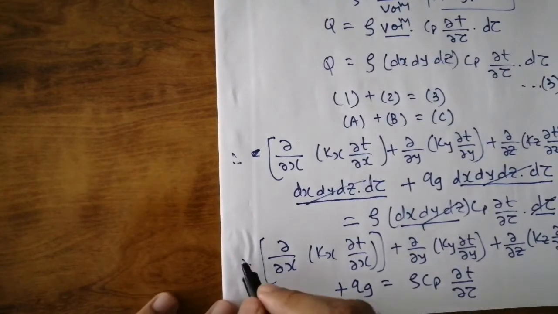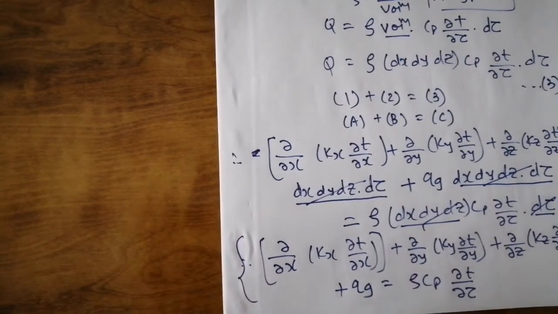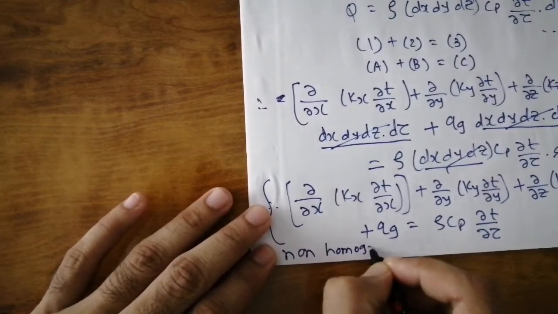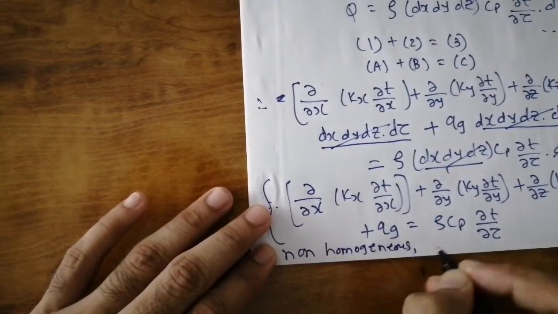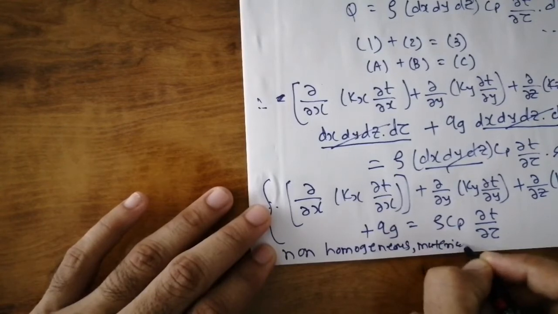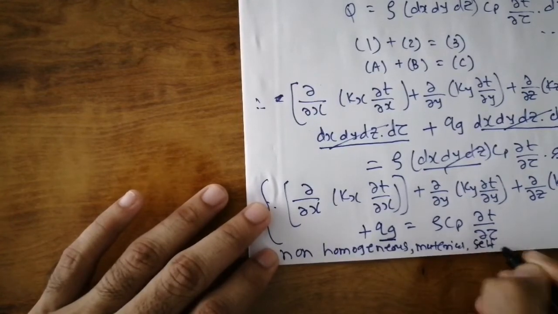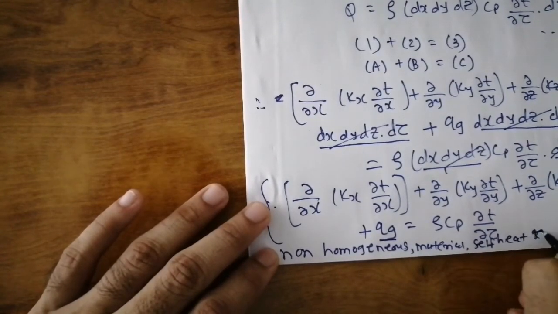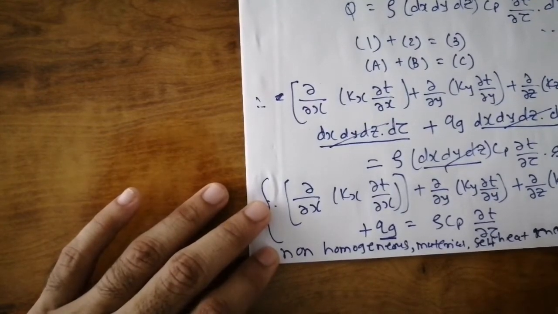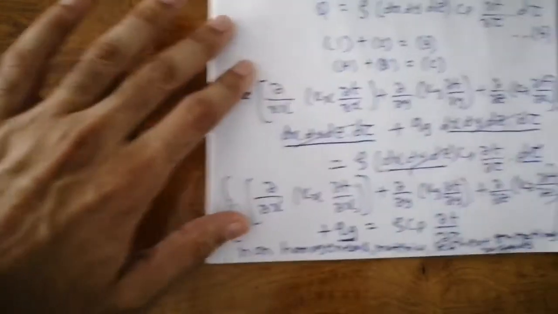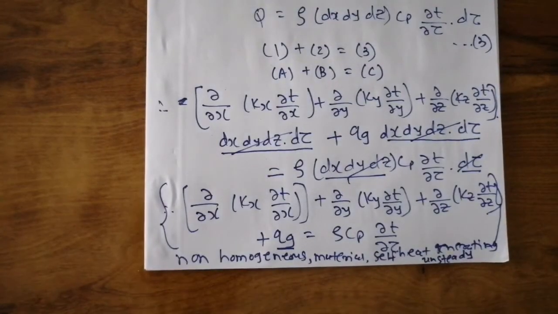Over. This is the generalized heat conduction equation. For what? The generalized heat conduction equation for non-homogeneous material, with self heat generation, because we have just considered here qg, self heat generating, and unsteady three-dimensional heat conduction.